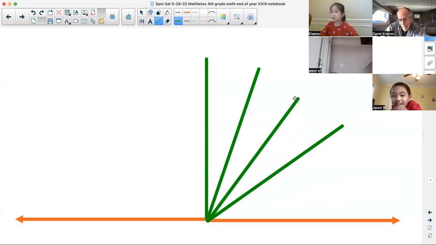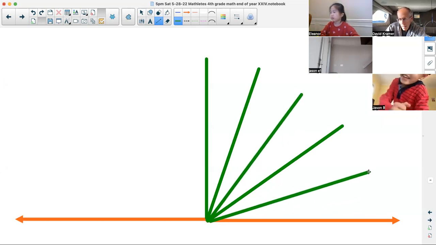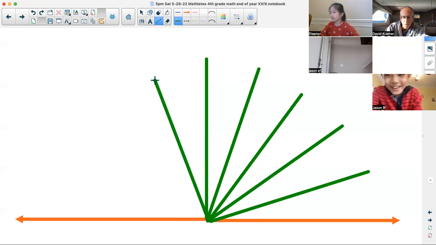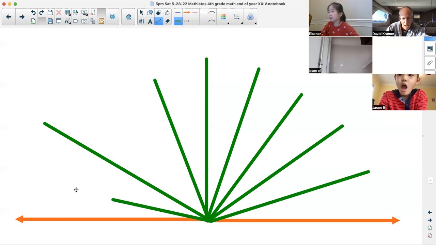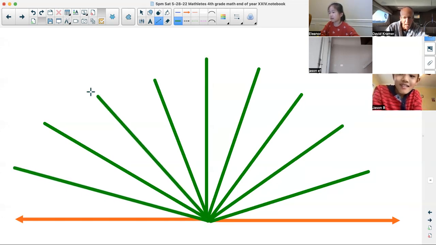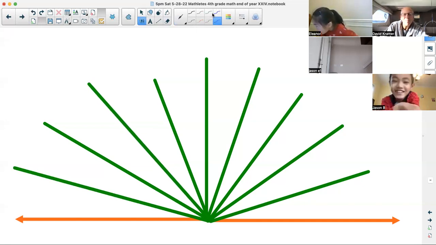You're right about that. So I'm creating my own little grid of angles. And the bottom is starting to become half a dot. It almost looks like a peacock, doesn't it?